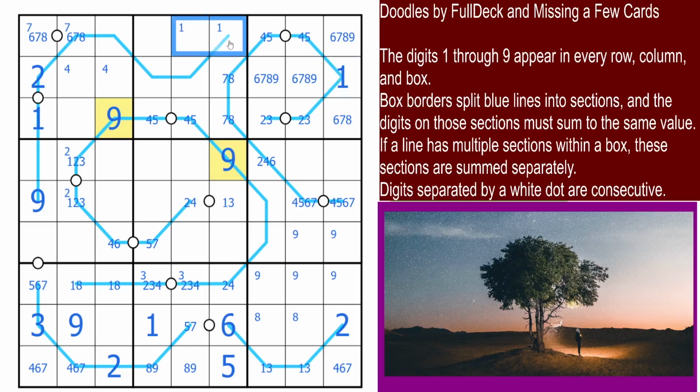One of these is 1. Can that be 1? That's 1, 2, 3, right? Because all 6, 7, 8, 9 is done and 5 is also done. So that's 1, 2, 3. And 4, 5 is here, right? 4 is one of these 2. I don't think that's it.